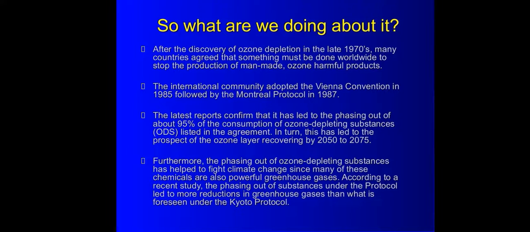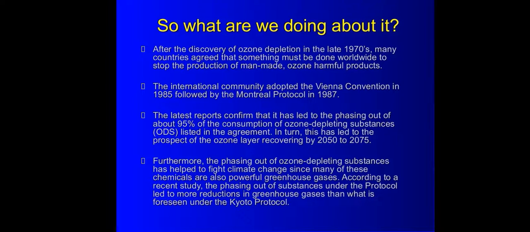Okay. The International Committee adopted the Vienna Convention in 1985, followed by the Montreal Protocol in 1987. So, the latest report confirmed that this has led to the phasing out of about 95% of the consumption of ozone depleting substances under the agreement. In turn, this has led to the prospect of the ozone layer recovering by 2050 to 2075.